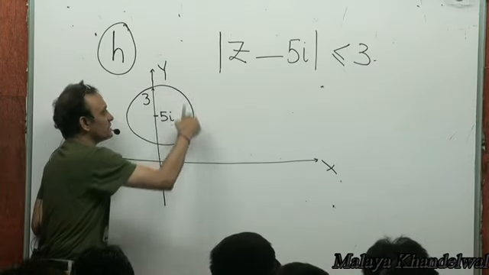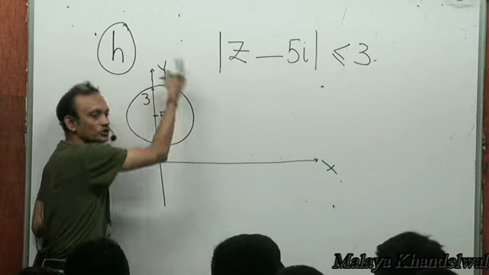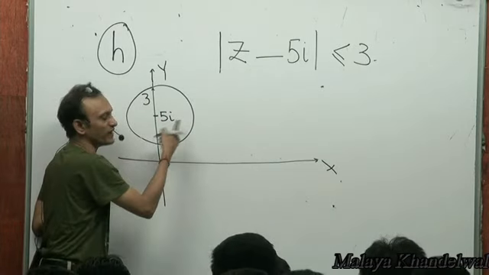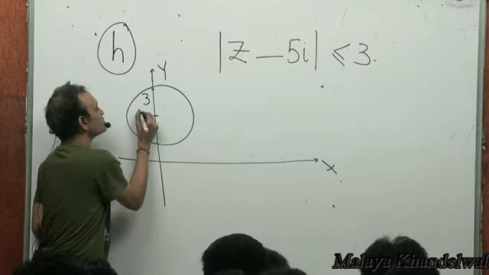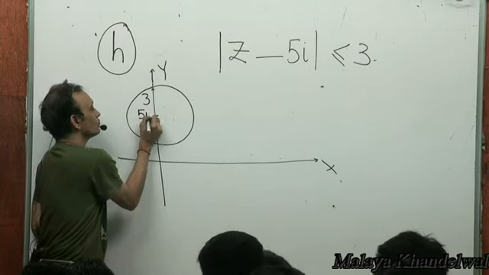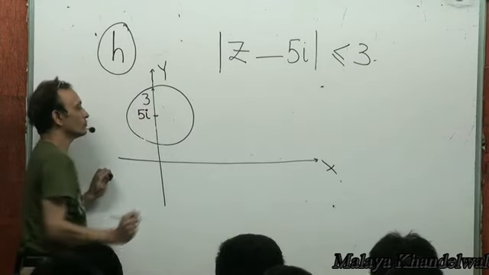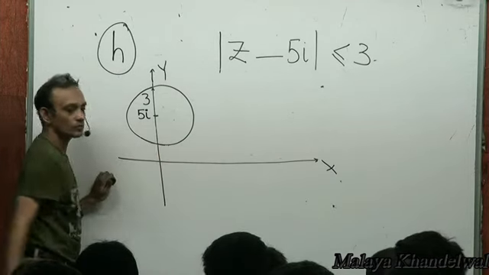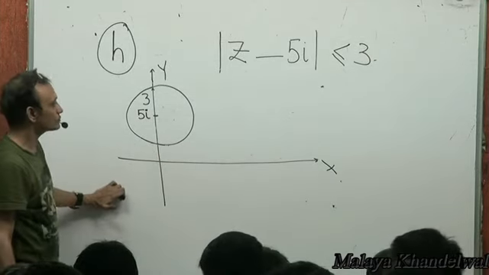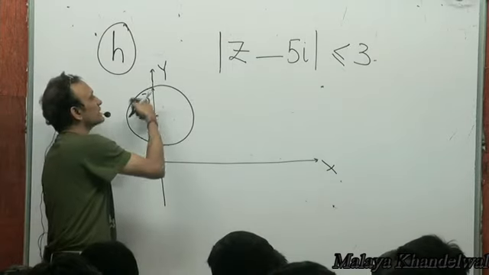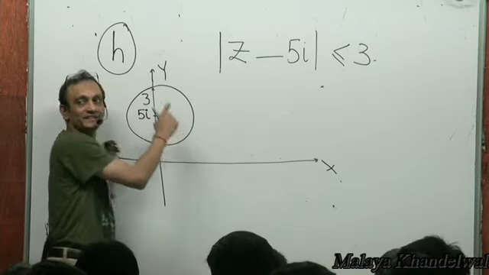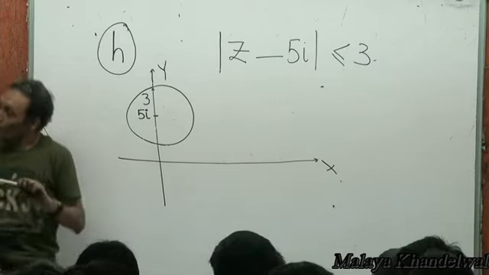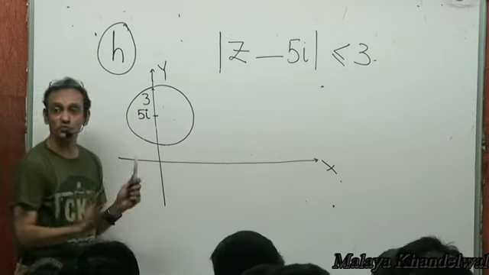The locus of z would be this entire region, which is also points on this circle with center 5i and radius 3. Yes or no? Clear?